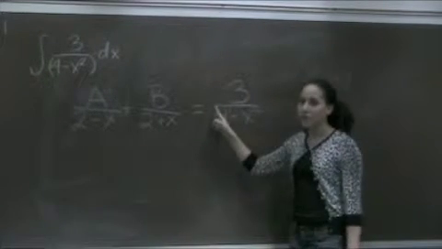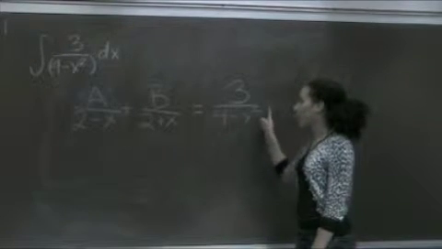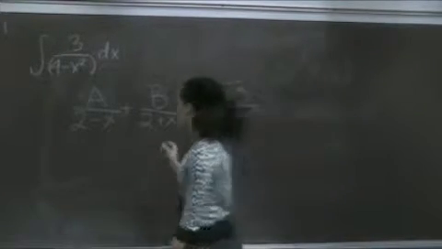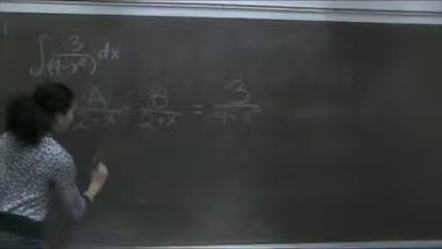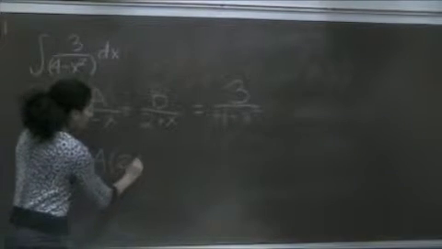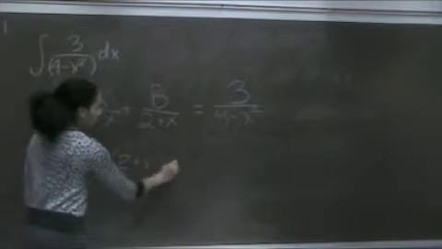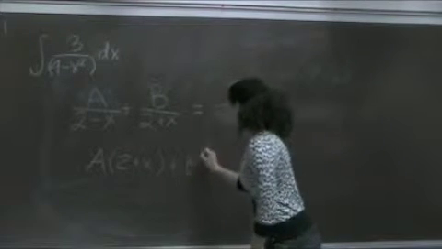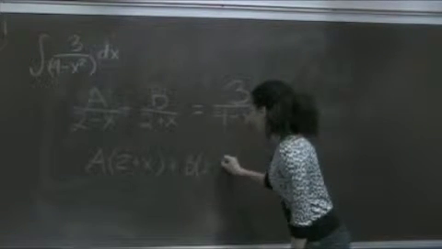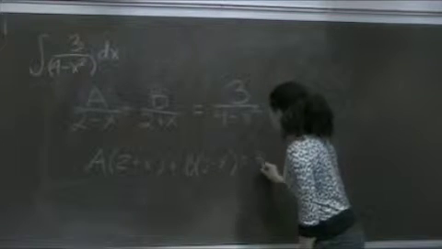We're going to multiply through by the denominator of our original fraction, which will give us A times (2 plus x) plus B times (2 minus x) equals 3.